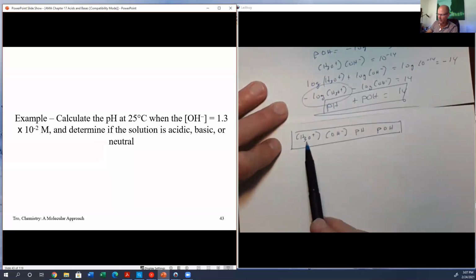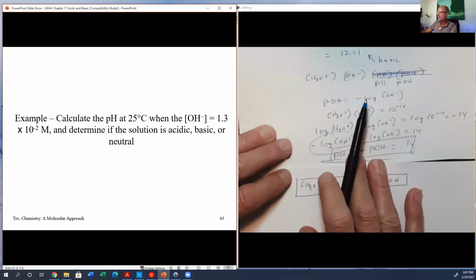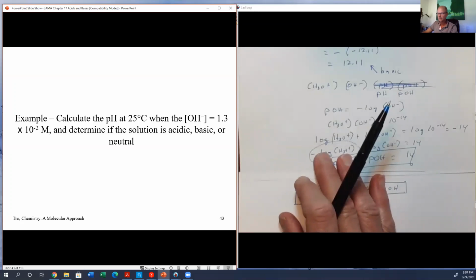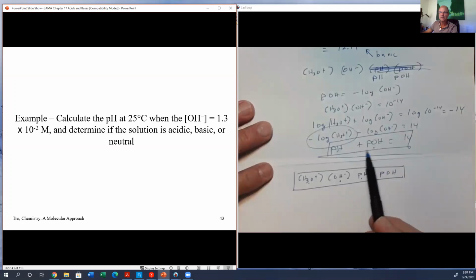Because if you know H3O plus, you can always get OH minus, right? Why? Because H3O plus times OH minus is always equal to 10 to the minus 14, right? And you can always get pH. Once you know pH, you can always get pOH because they're always going to sum to 14, right?